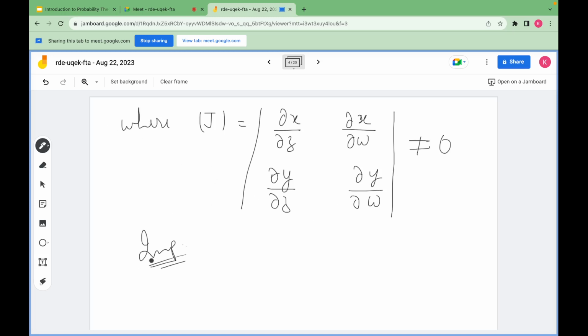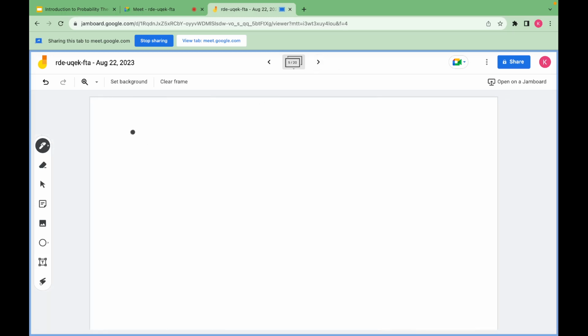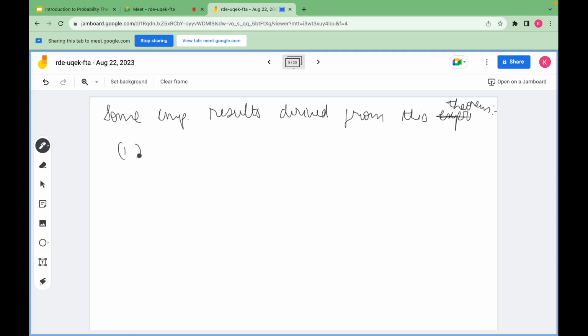Some important results derived from this theorem are as follows.